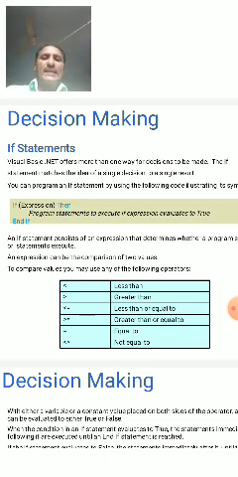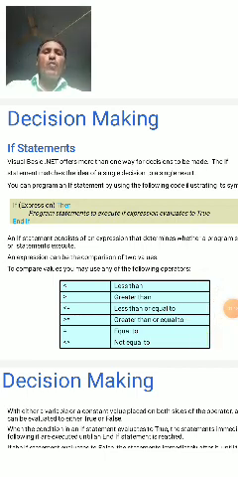Last class we discussed less than, greater than, less than or equal to, greater than or equal to, equal to, and not equal to. The If statement gives a single result.